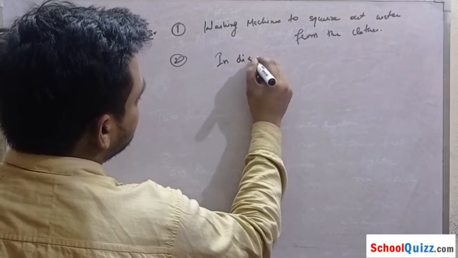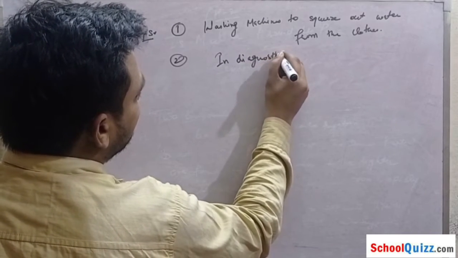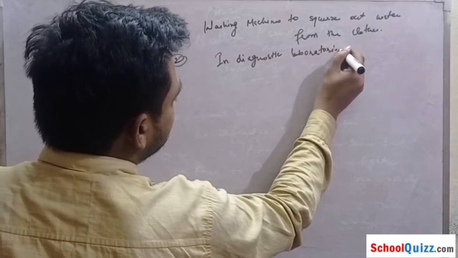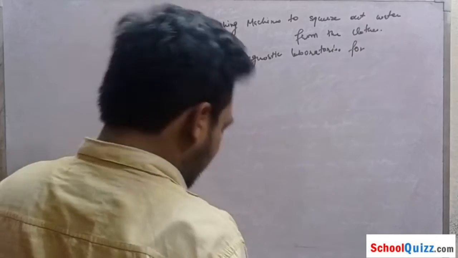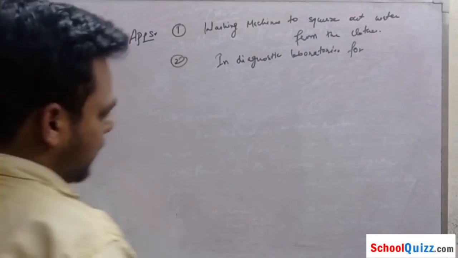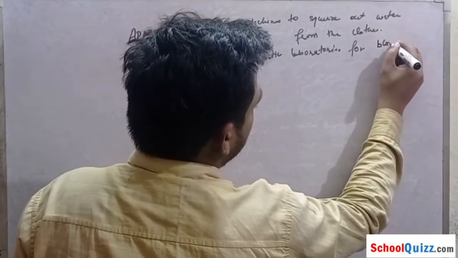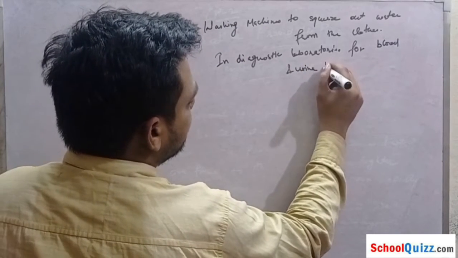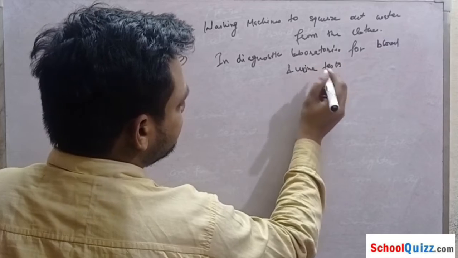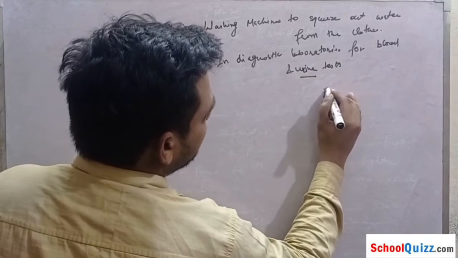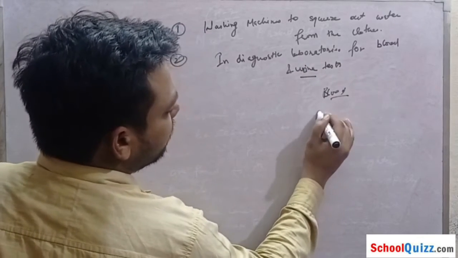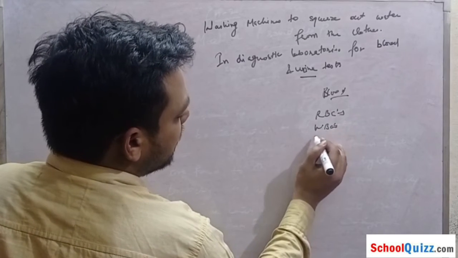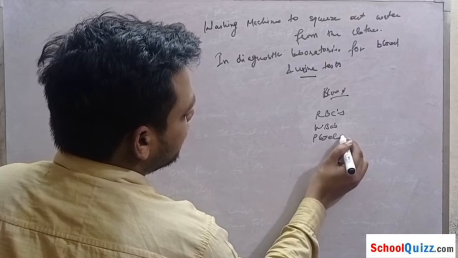Second one is in diagnostic laboratories for blood and urine tests. For example, as we know, blood is composed of RBCs, WBCs, platelets.